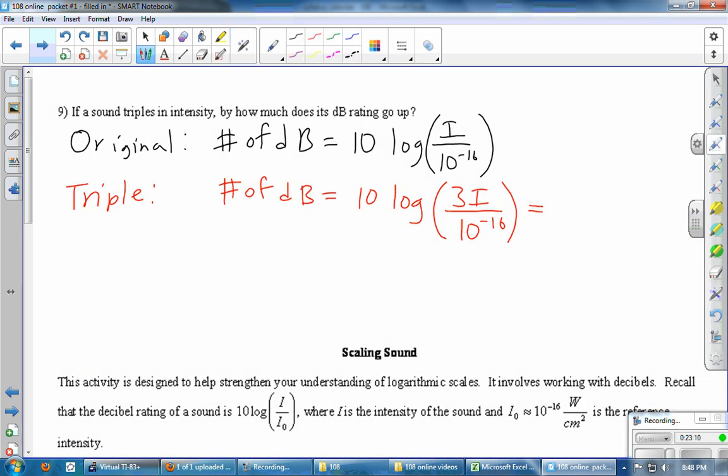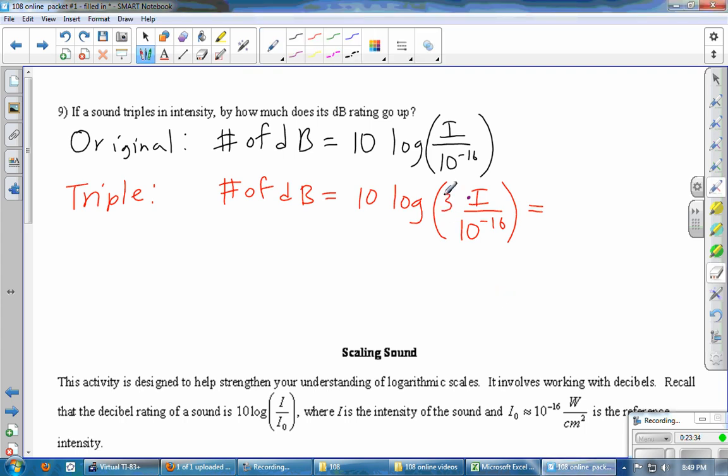So what operation is sitting between the 3 and the I? It's a times. Do we have a property where we can split up multiplication inside of a log? Yes, we do. I'm just going to make one little erasing here. Let's erase this fraction line, and I'm going to put that 3 just in the front here. I'm not changing anything, I'm just rewriting it.